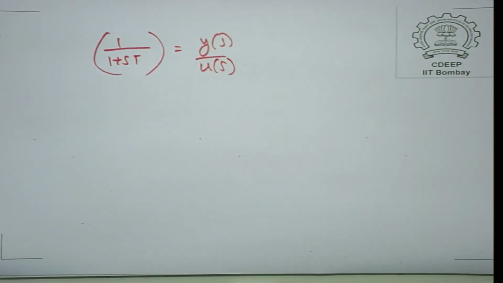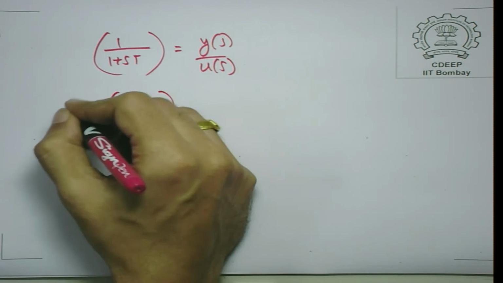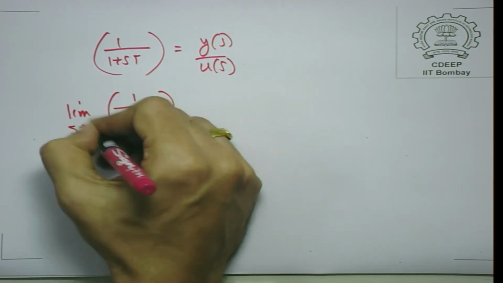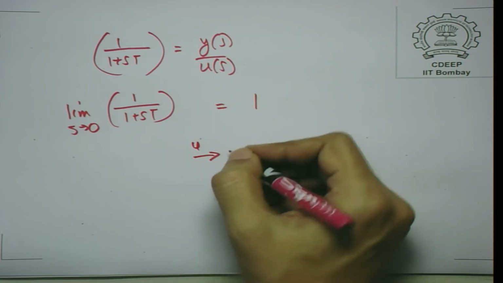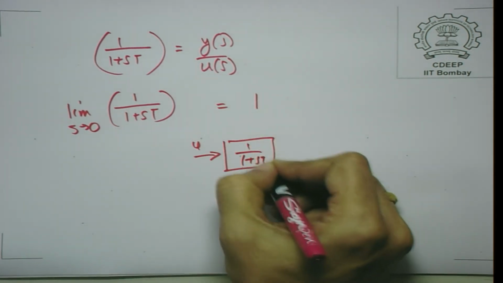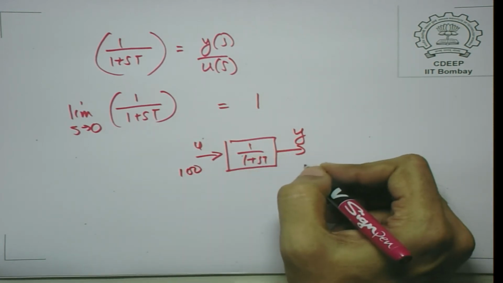If the input is a steady value, for example, you give a step to u of s and you wait for everything to reach steady state, then the overall gain of this transfer function, in steady state, you can obtain by putting limit s tending to 0. So, the gain is equal to 1. So, in steady state the gain is equal to 1, that is, if my input is say 100 in steady state, the output in steady state is going to be 100.